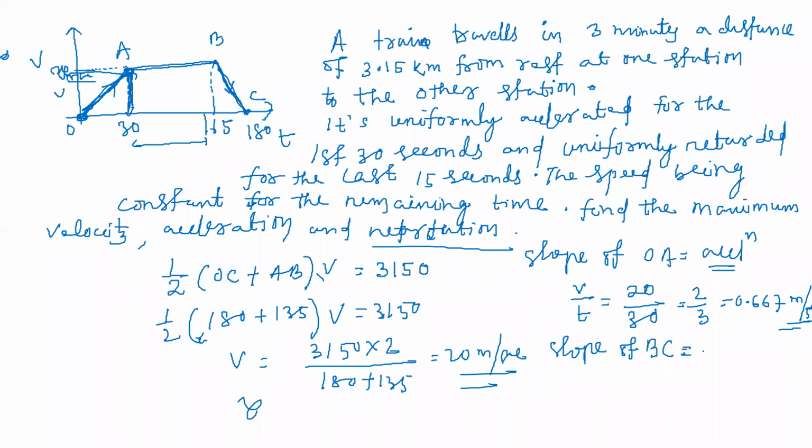So slope of BC is minus V by T, which is minus 20 by 15, that is negative 1.334 meter per second square. This is the retardation. So you got the retardation, you got the acceleration, you got the speed. This is the answer to the required question.